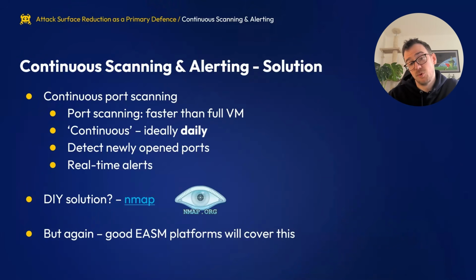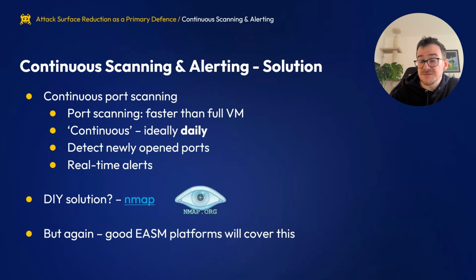Now, the reason I mentioned port scanning over vulnerability scanning is that port scanning is much faster than doing full vulnerability scans, especially when you're scanning many, many thousands and thousands of targets. VM takes time. It's running lots and lots of different checks for many different things, and those scans take time to run. So typically we run VM scans on a slower cadence.